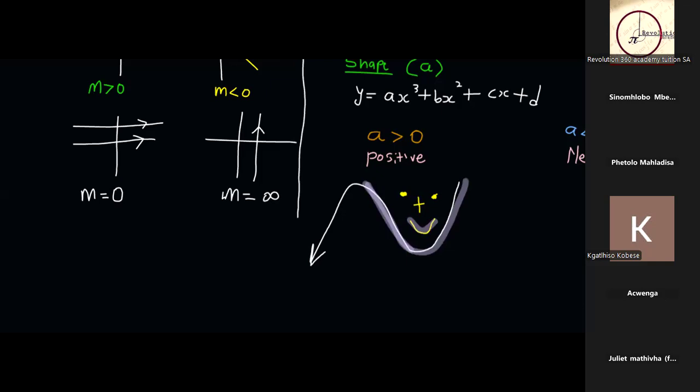If you're having a graph which is like that, now the second one, a is less than 0, which is negative. The graph is a frowning face. It means what's going to happen with regards to the shape. The shape will be looking downwards. You know why? Because of this.